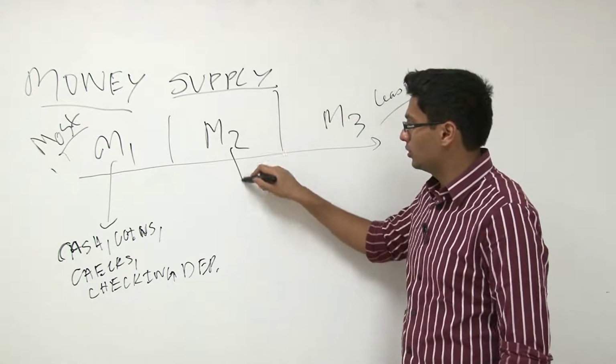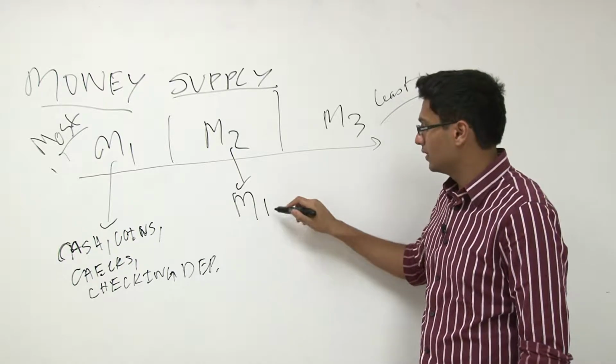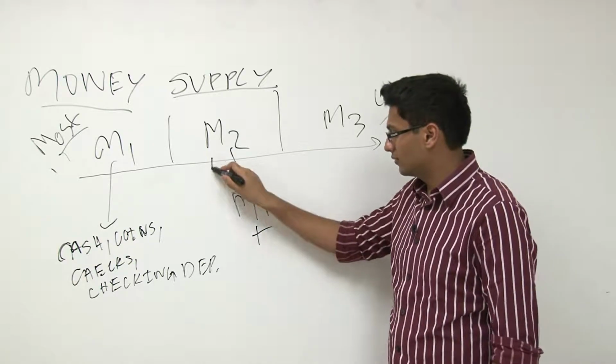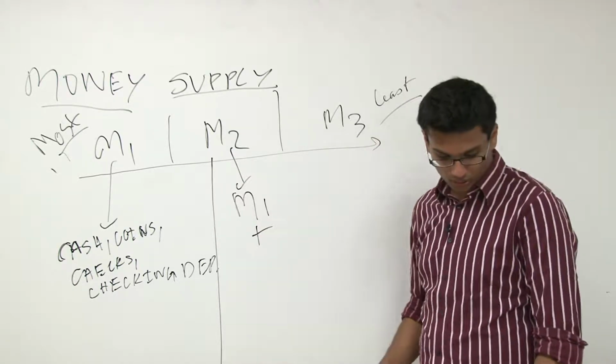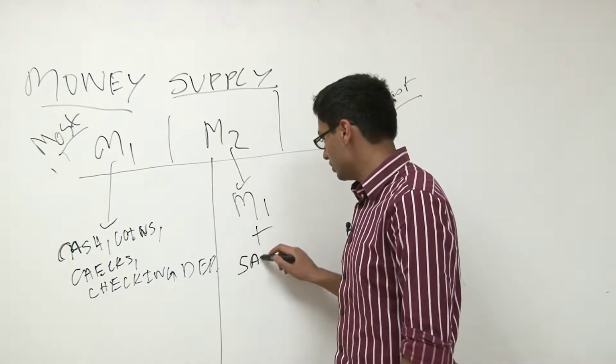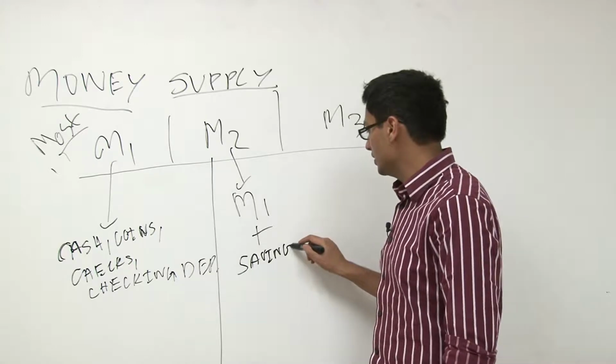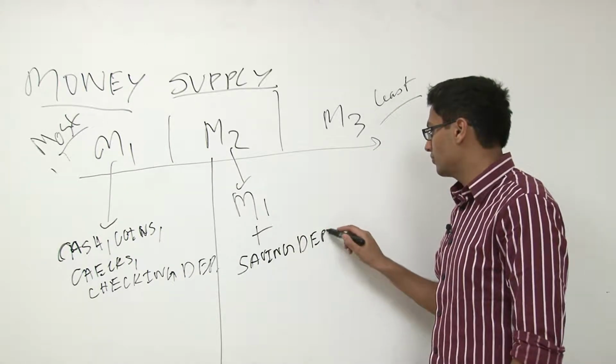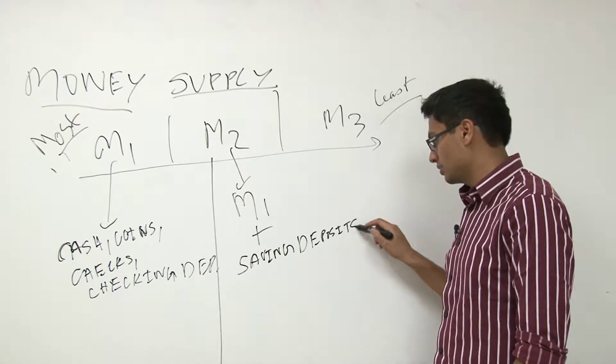What does M2 hold? M2 holds M1, plus saving deposits, because you get interest off of that and you might have to pay a penalty for that as well. Saving deposits, where you're earning interest.